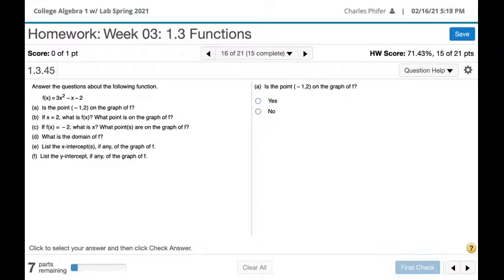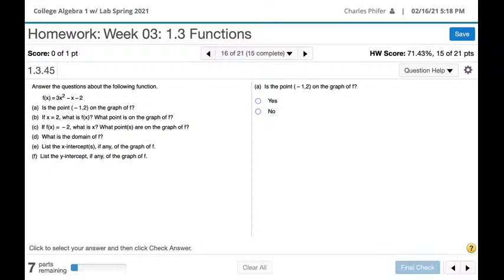So then A is: is -1, 2 on the graph? B: if x equals 2, then what does f of x equal? C: if f of x equals -2, then what does x equal?